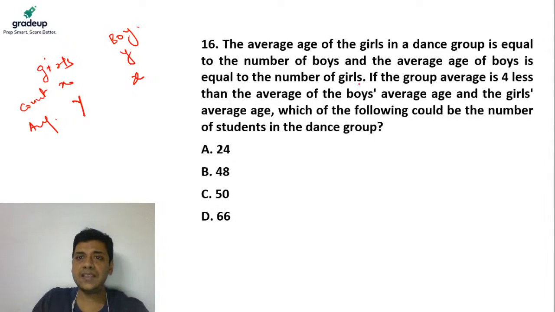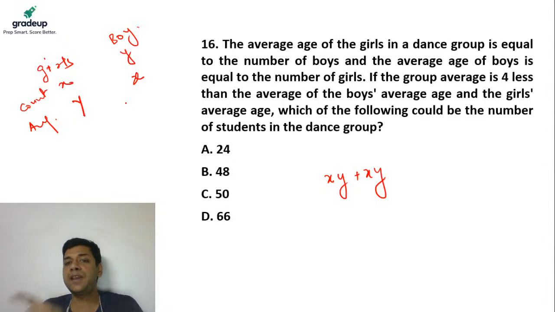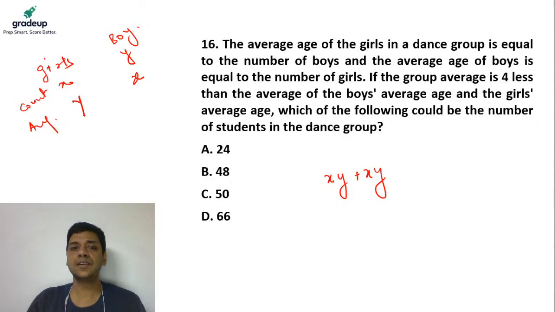So what's the total age of the class? X into Y plus X into Y. Why? X girls with the average of Y, Y boys with the average of X. So total age of girls is X into Y, total age of boys is Y into X. So total age of the class is XY plus XY.